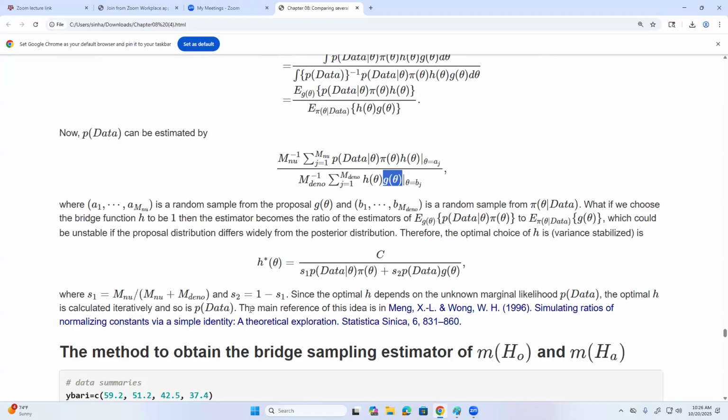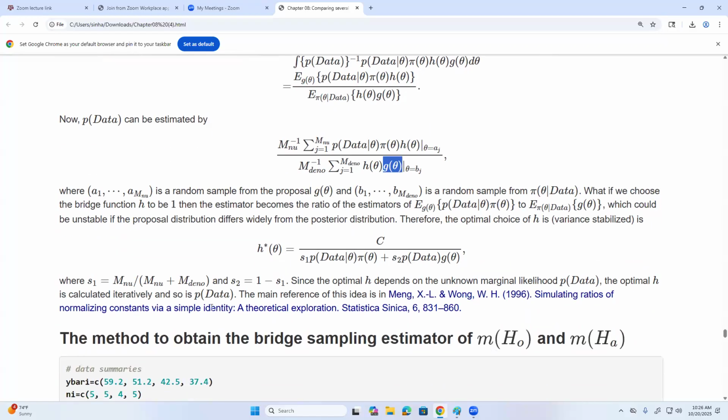The software uses a normal proposal distribution. So that means what? It calculates the posterior mean and posterior standard deviation of each of the parameters, and then assumes that the proposal distribution has the same mean as the posterior mean and the same standard deviation as the posterior standard deviation.